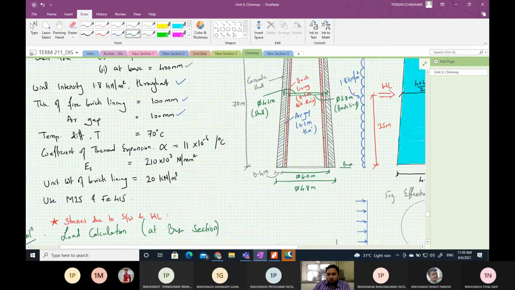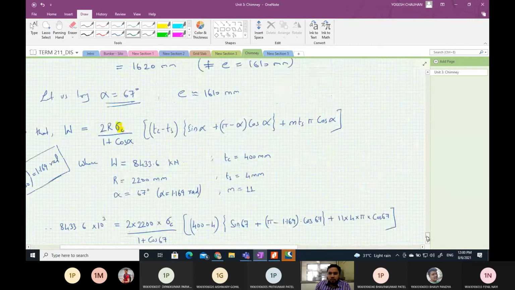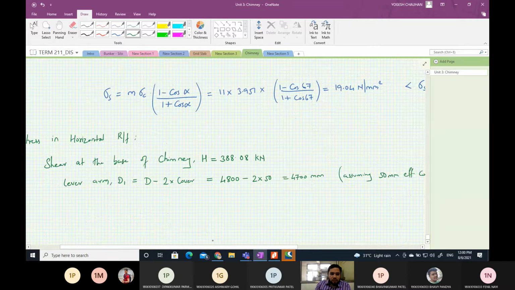See, because of this UDL, the maximum shear will be at the base, which is at the support location of the cantilever. The reinforcement is provided at an effective cover of 50 mm from the outer face, so it will be 4800 minus 50 on each side, so 4700 mm is the D1, that is lever arm distance.